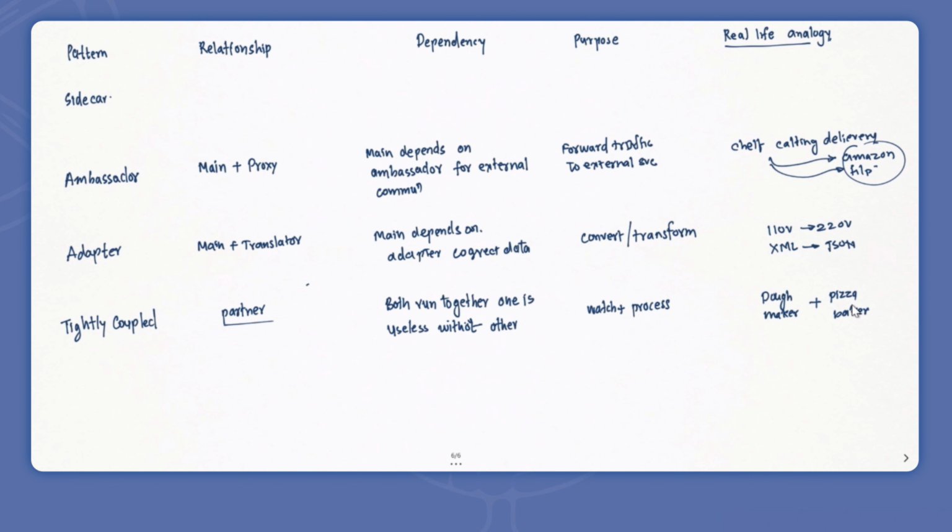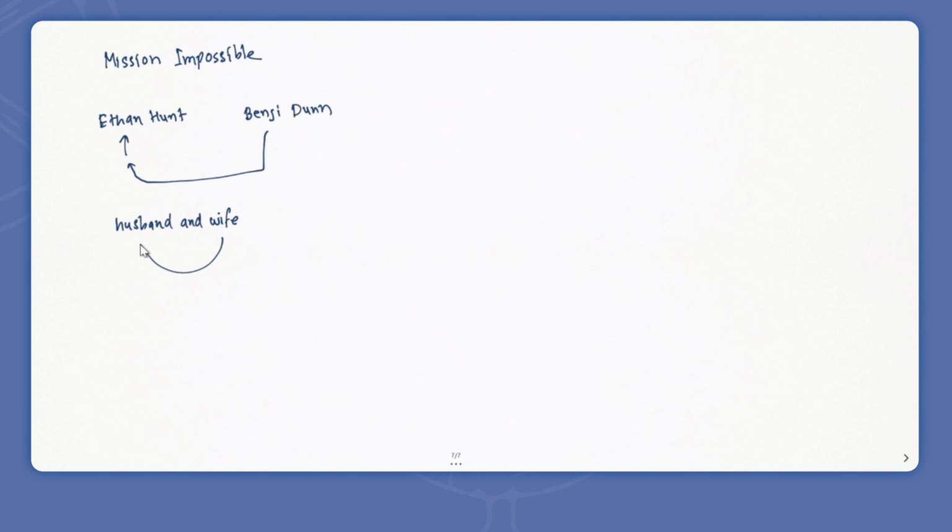And here the sidecar container is like main plus helper. If you have seen Mission Impossible, which is one of my favorite movies, you will see Ethan Hunt and Benji. Ethan performs a very difficult task, but Benji supports everything, logs and such, to do the impossible task. Even a wife supports her husband to do several impossible tasks. So this is the sidecar.